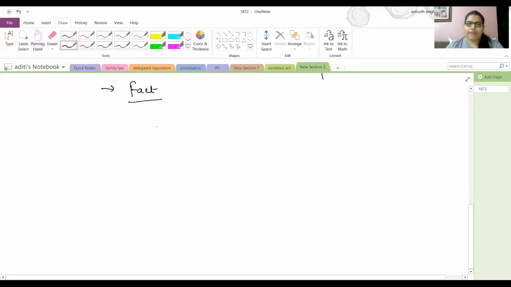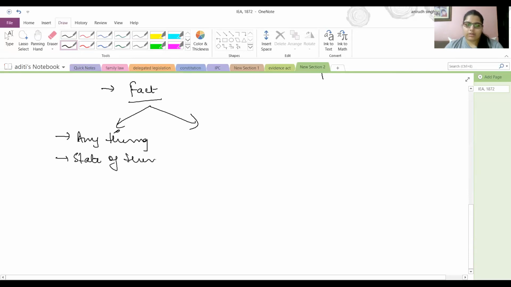So basically, fact means two things. One considers any particular thing, anything, or maybe any state of thing, or it could be a relation of things.